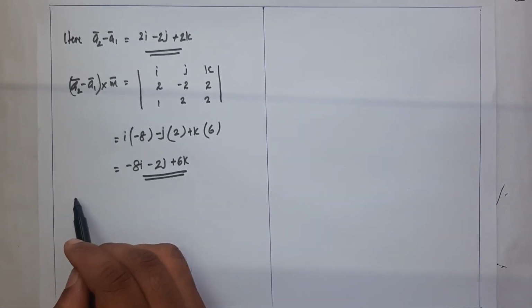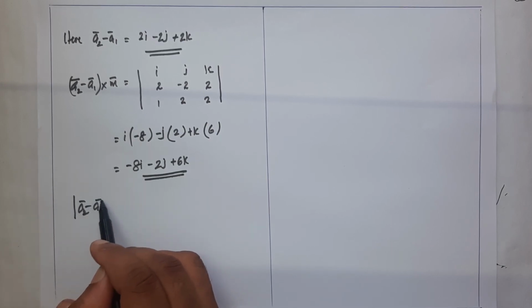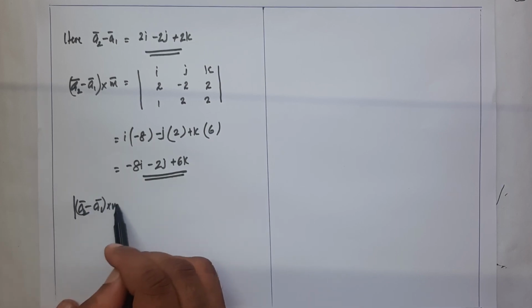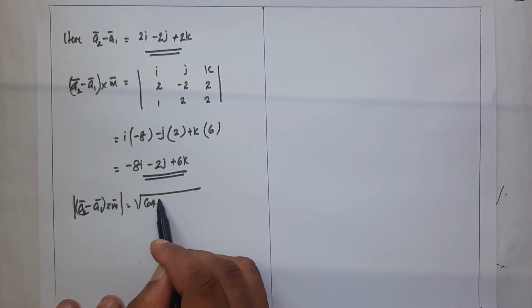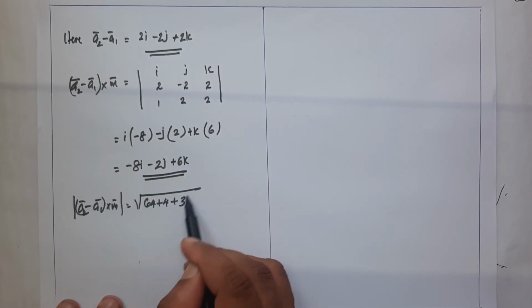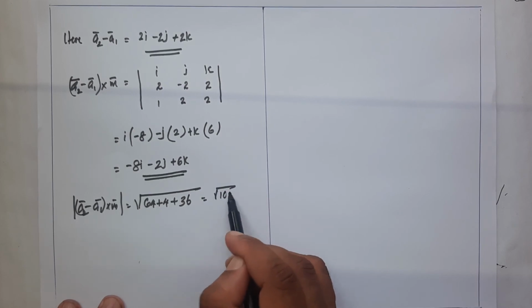Now we find the modulus of (a2 − a1) cross m, which is the square root of 64 + 4 + 36, that is root 104.